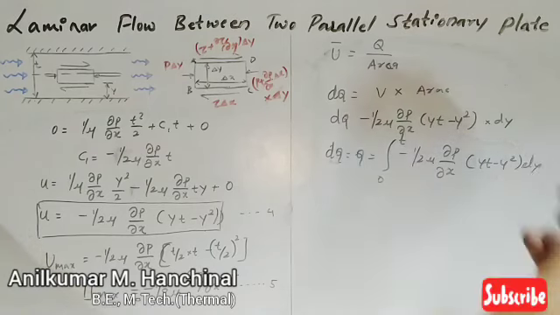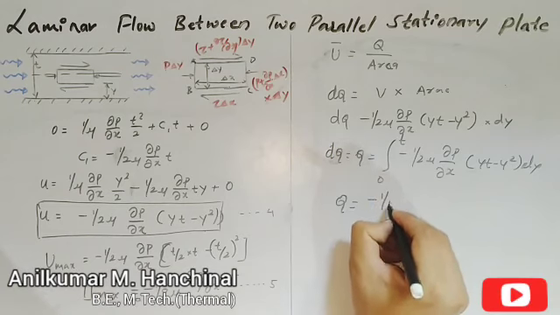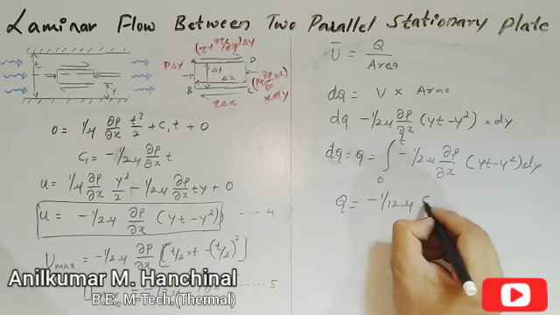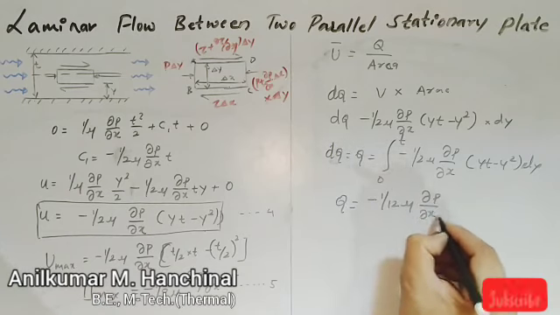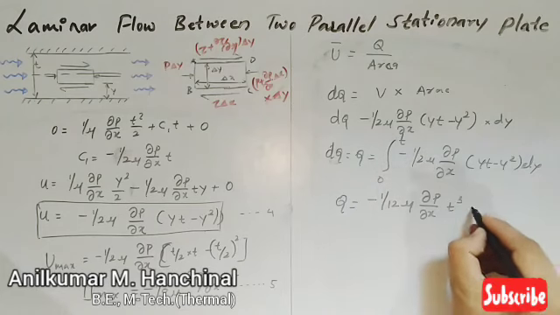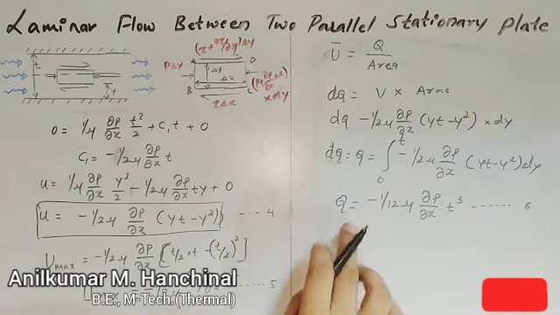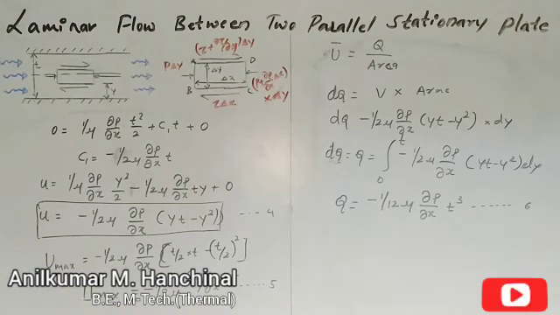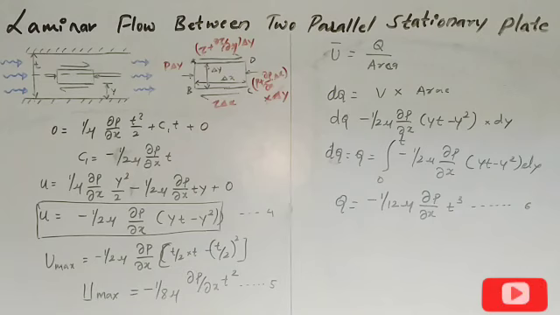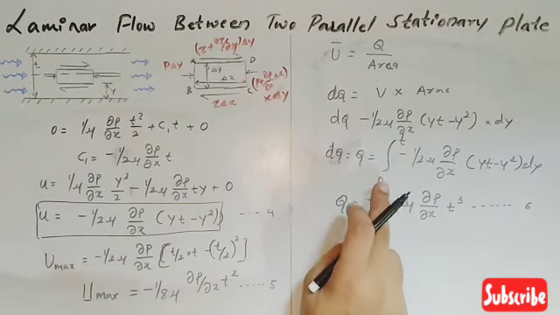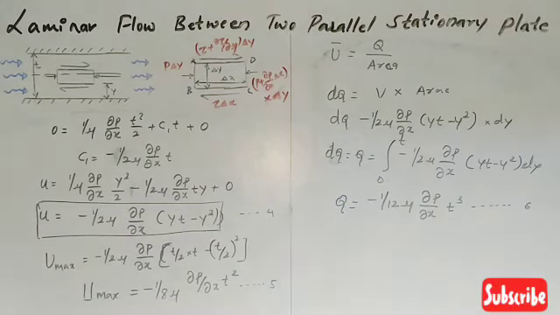Now if I integrate this equation, I will get the discharge, that is minus 1 by 12 mu dou p by dou x into t cubed. This is equation 6.